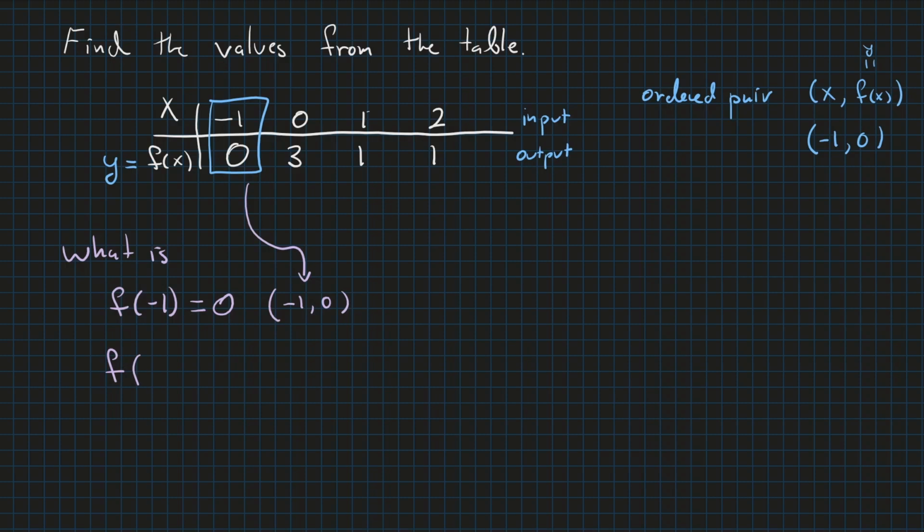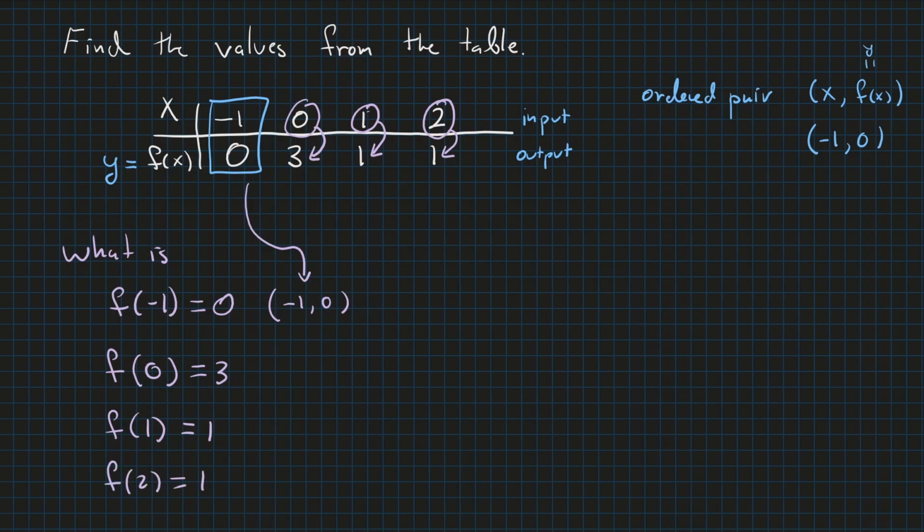Likewise, f of 0: you first find that 0 in your table as your input, and then you read off your output. This is equal to 3. Likewise, f of 1: we go to the input of 1 and come down to the output. That is also 1. Lastly, we input 2 and have an output of 1, so f of 2 is equal to 1.